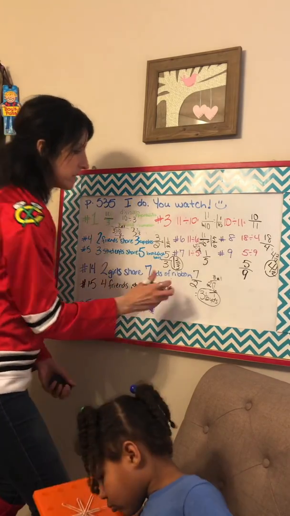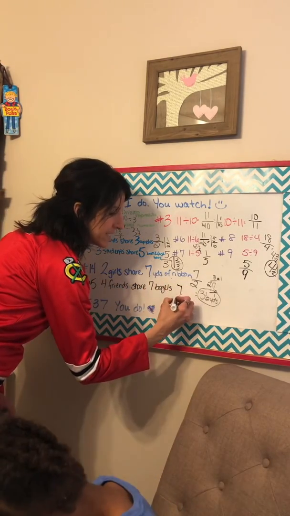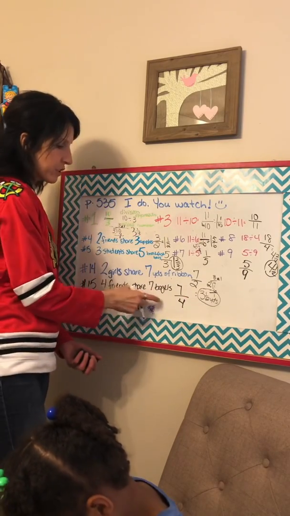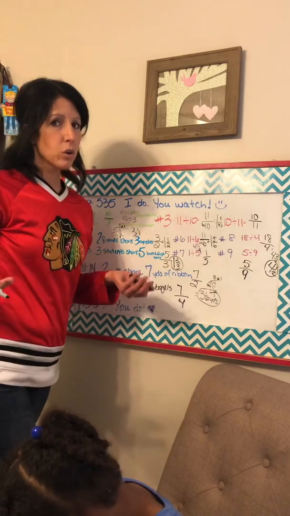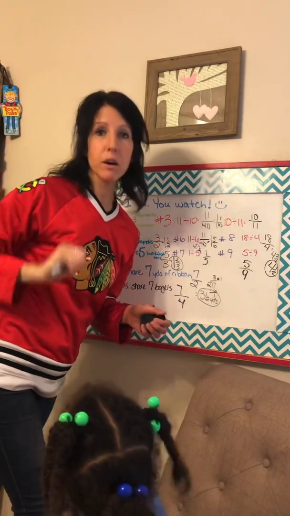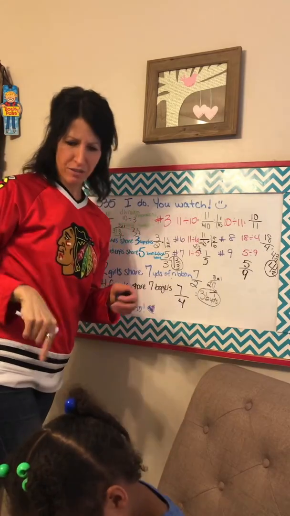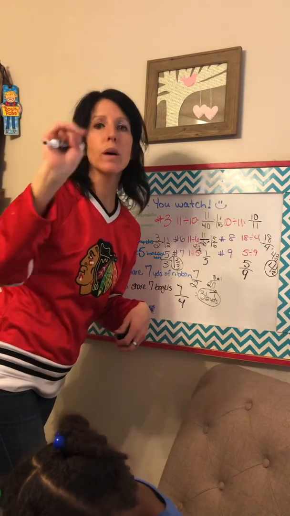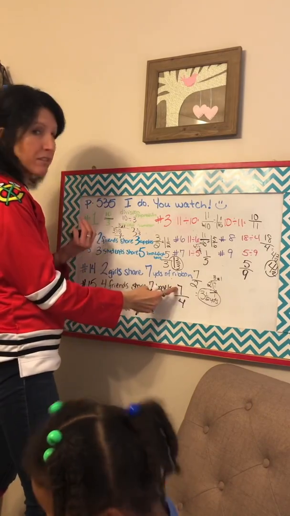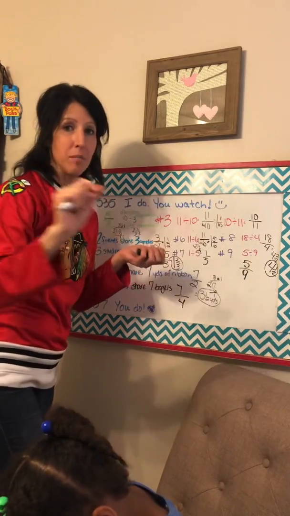Okay, so there's 7 bagels. The 7 bagels are being divided by 4 friends. So picture the friends, picture the bagels. Who likes bagels? Okay, me, Jeffrey, Greta, Reagan. And who else? Maddie's brother. So there's 7 bagels and they're dividing them up by 4 friends.